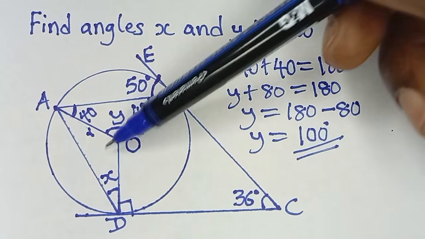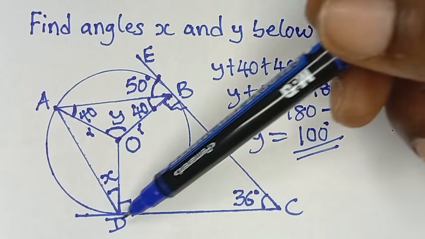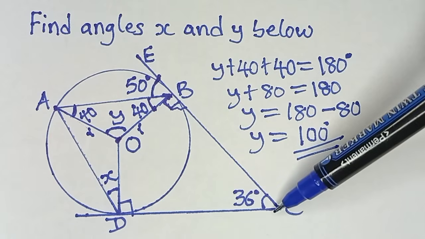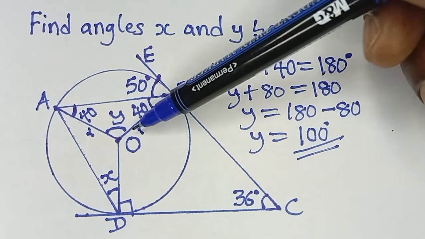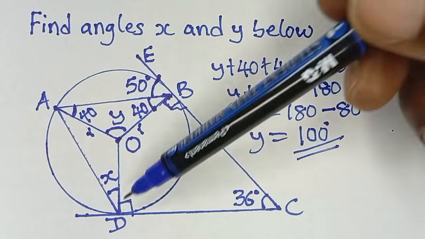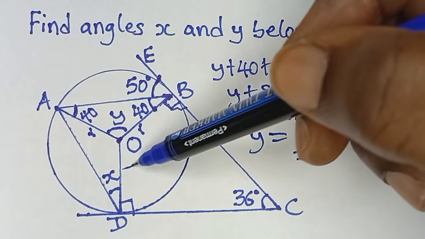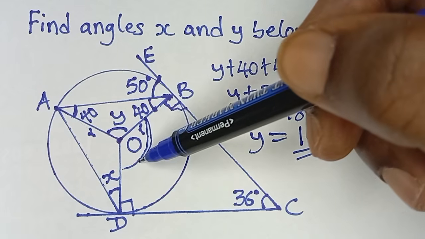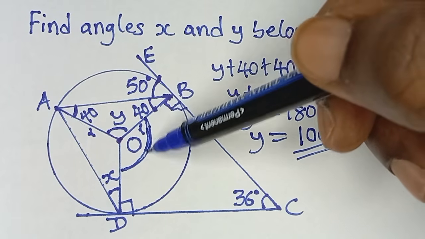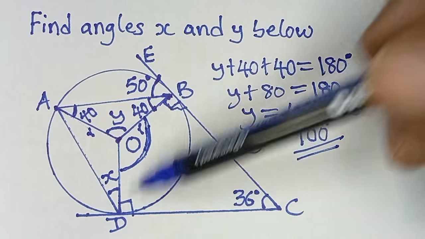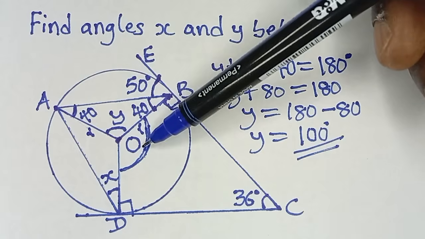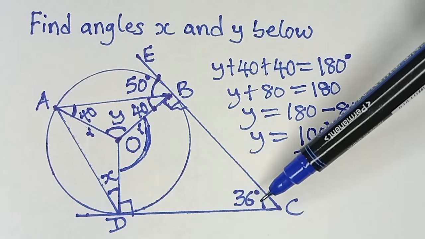Because this is a four-sided figure, everything is supposed to add up to 360. A quadrilateral, the sum of angles in a quadrilateral is 360. So 90 plus 90 plus 36 plus this last angle here, everything should be equal to 360. So if these two are already 180, then you agree with me that the sum of these two is 180.